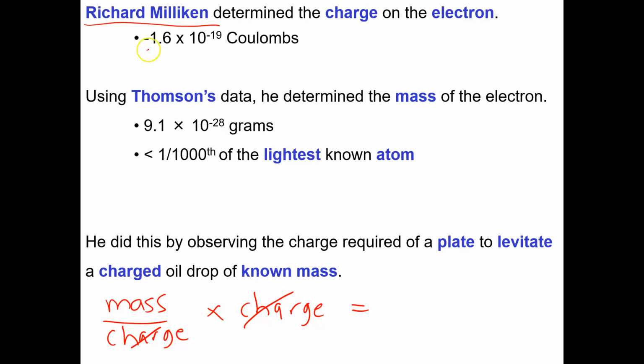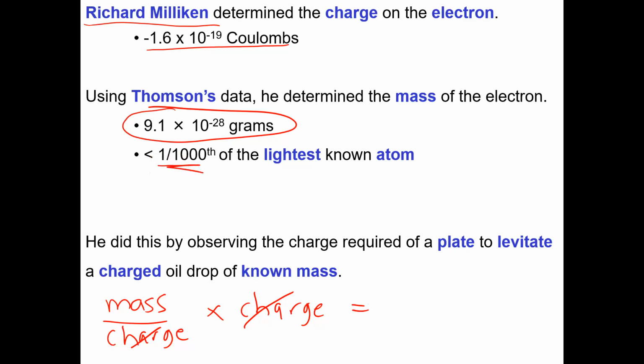He found it to be negative 1.6 by 10 to the minus 19 coulombs. He then multiplied Thomson's mass to charge ratio by this charge, and got the mass of the electron. The mass of the electron is tiny, 9.1 by 10 to the negative 28 grams, which is less than 1/1000th of the lightest known atom.